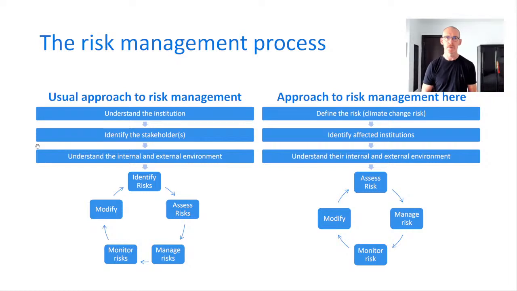Now, looking at climate change risk is a little bit different to looking at the way we normally consider risks in a risk management process. The usual approach to risk management is you first need to understand all of the context. So you need to understand the institution that you're looking at. You need to try and identify the stakeholders or stakeholder for which you're doing any of the risk management work.